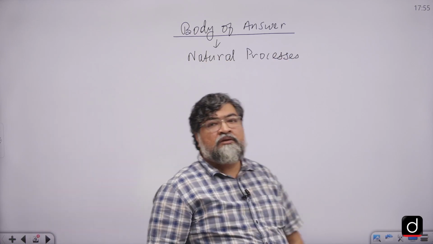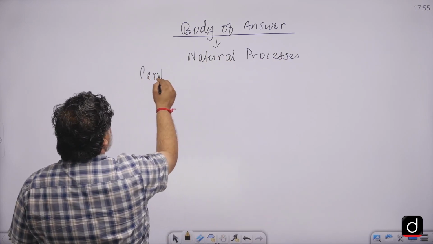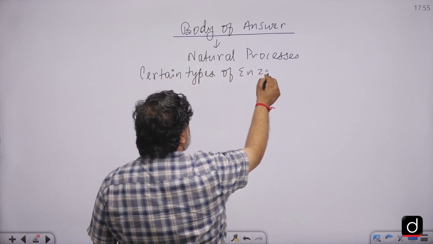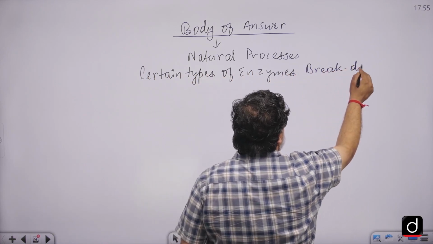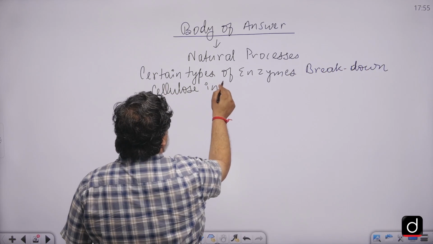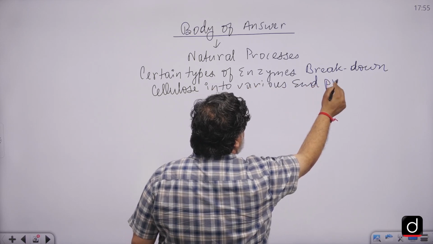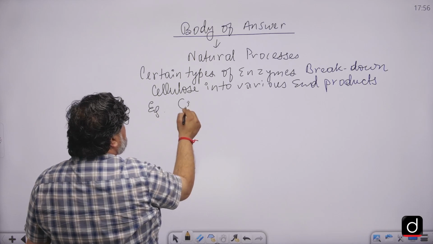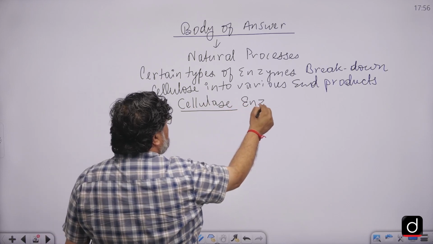So now here in the answer, you will write that certain types of enzymes break down cellulose into various end products. And here you can give an example. For example, for cellulose breaking down, cellulase. One type of enzyme is the cellulase enzyme.